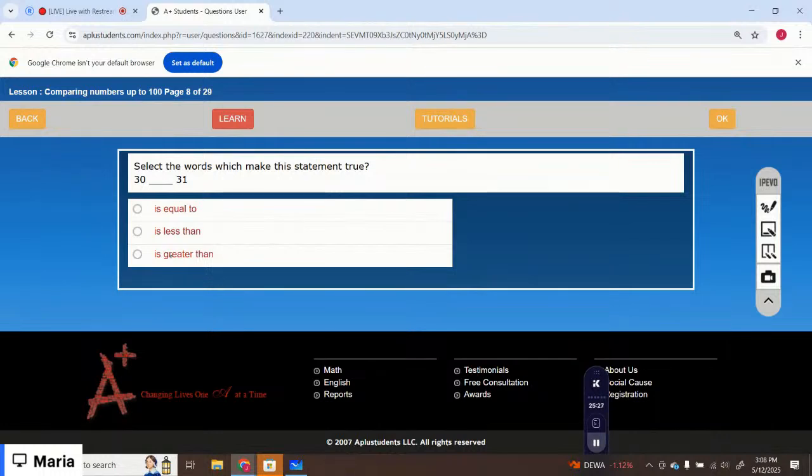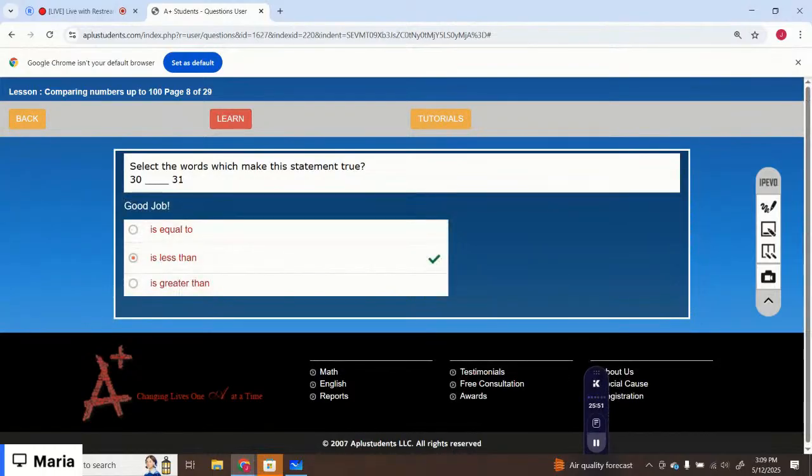Thirty is less than 31. Option number 2 is the correct option. 30 is less than 31.